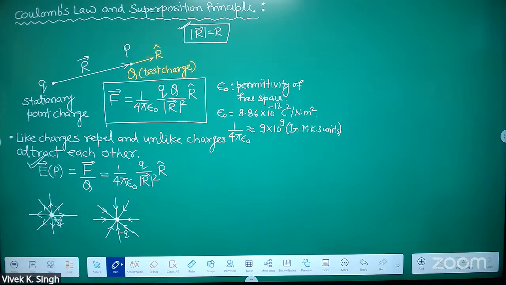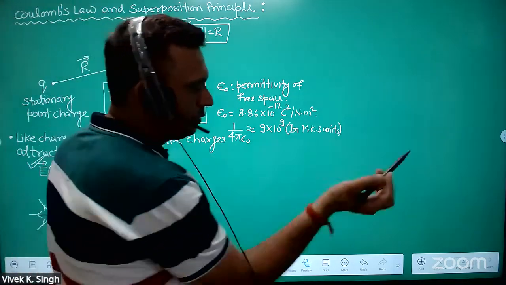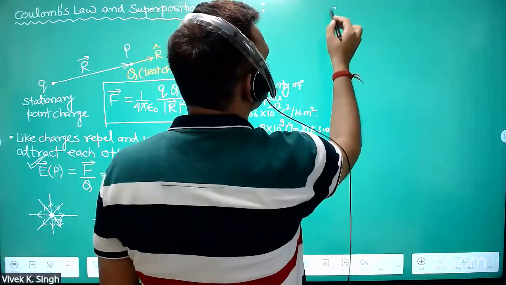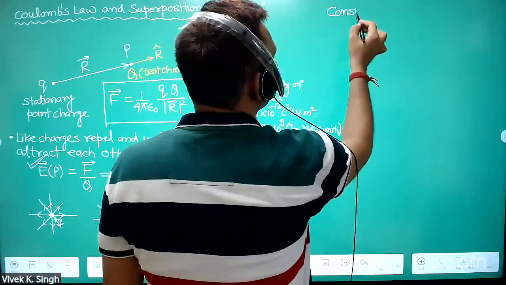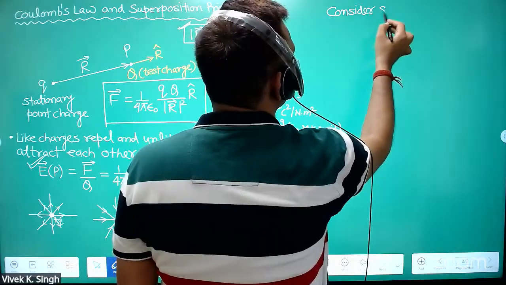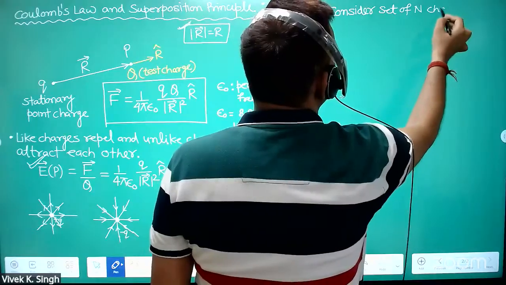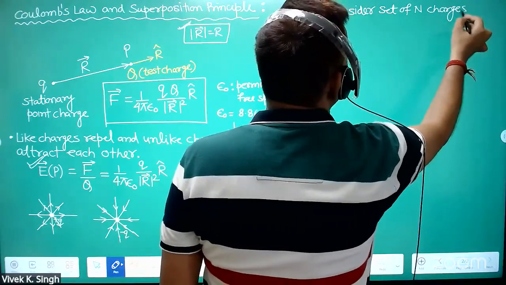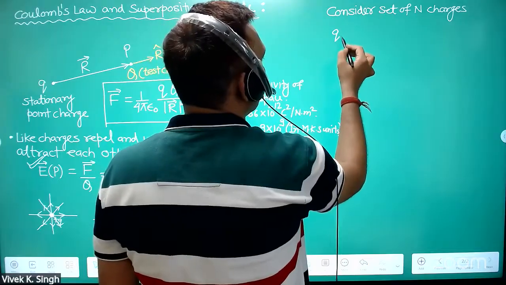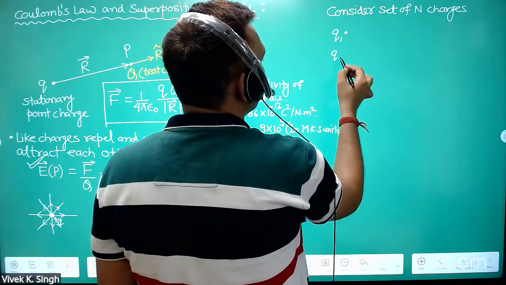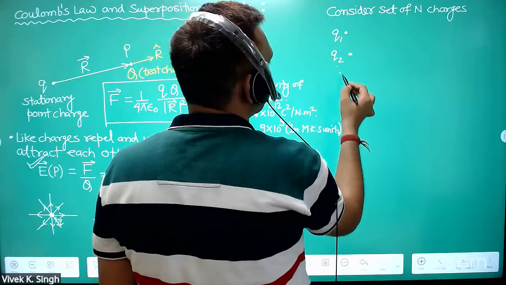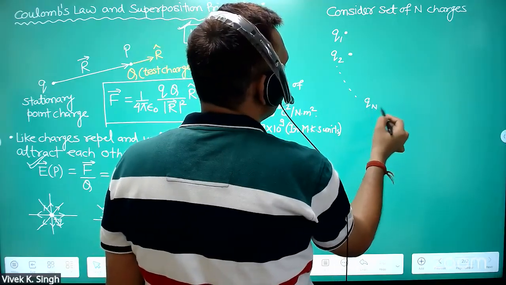Now we have to see superposition. If there are n number of charges, what will be the electric field? Now consider a set of n charges, Q1, Q2, and so on, Qn.